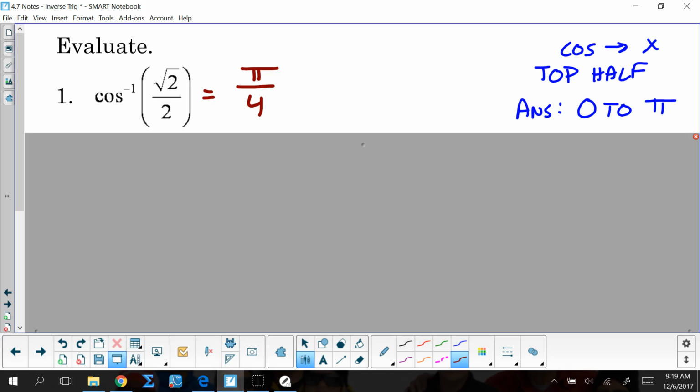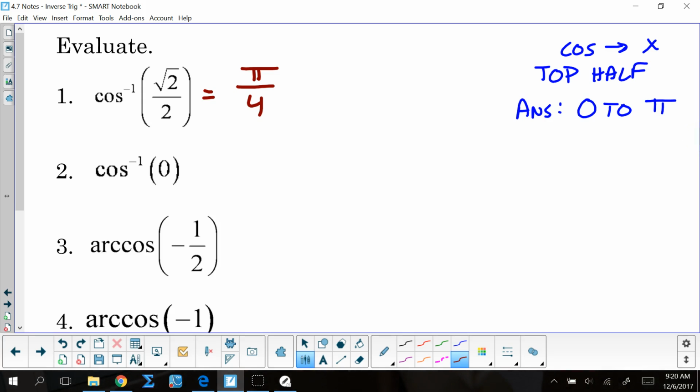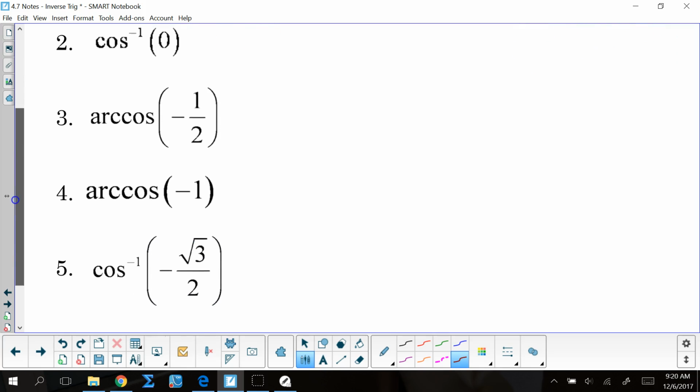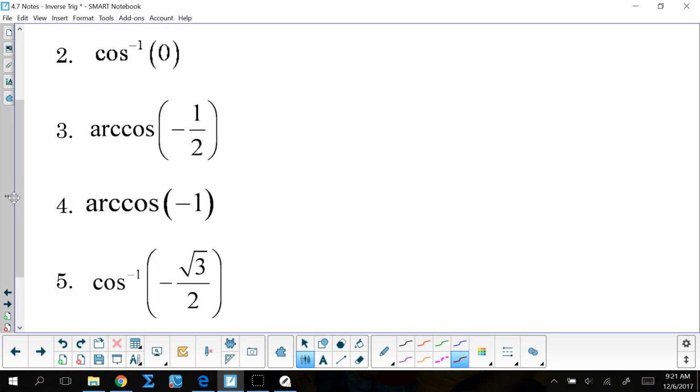Okay? What I would like you to do now is, using your unit circle, find me exact values for those 4. Top half, what is the inverse cosine of 0? Where on the top half is the cosine equal to 0?